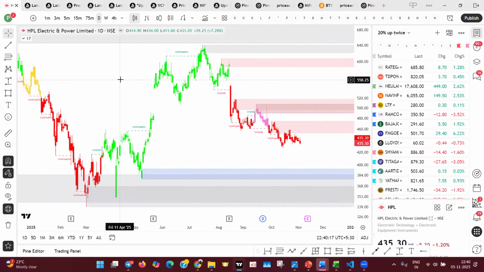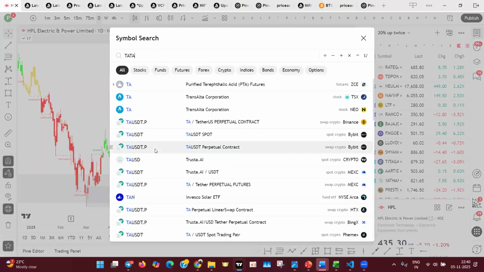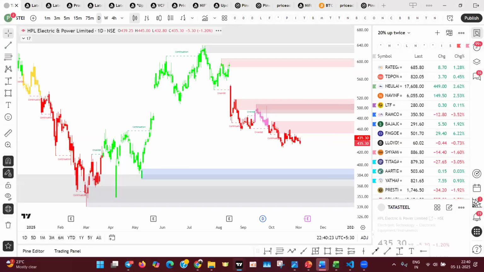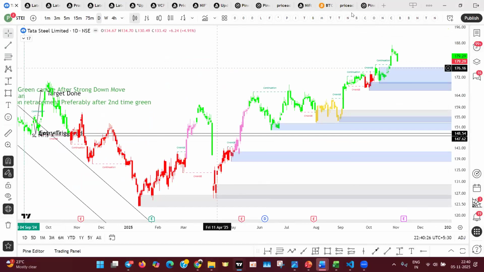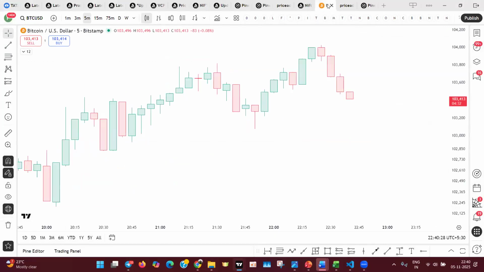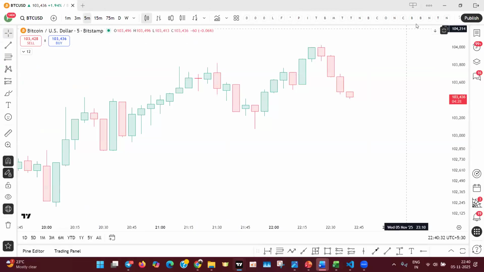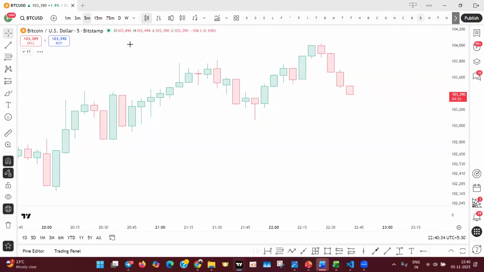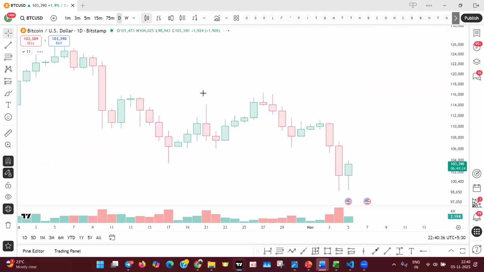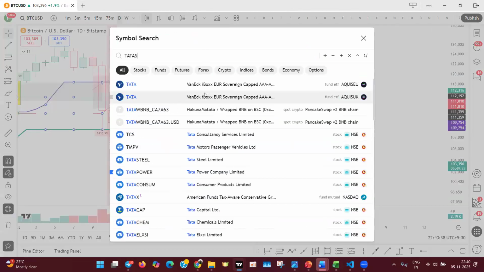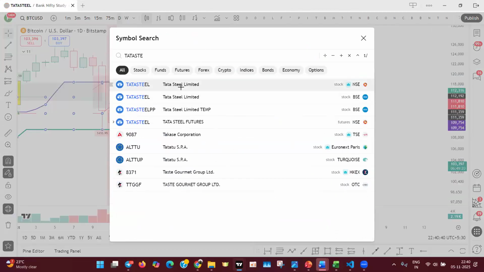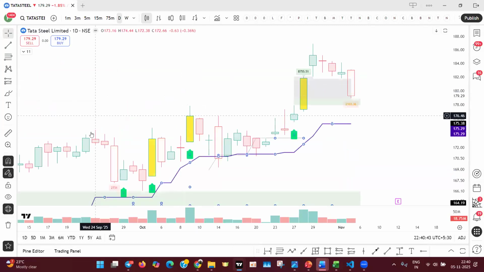Okay, Tata Steel. So first, let me open some other window. I'll use Tata Steel.